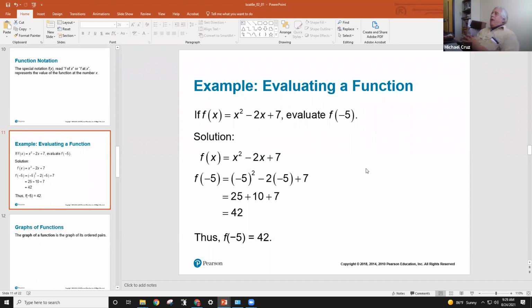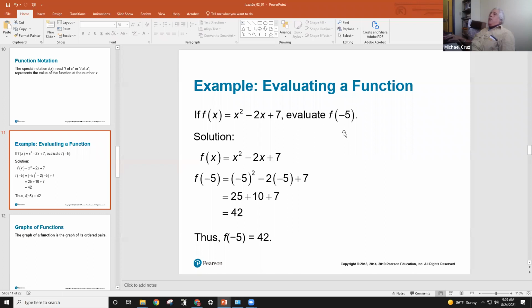So if we have f of x is equal to x squared minus 2x plus 7, then that defines our functional value. What's good about this is it allows us to write in shorthand notation something like this.